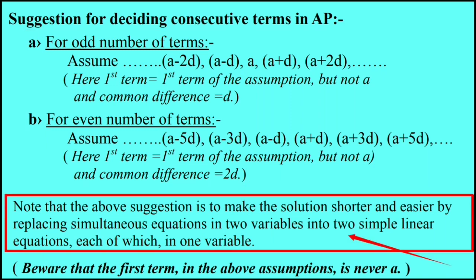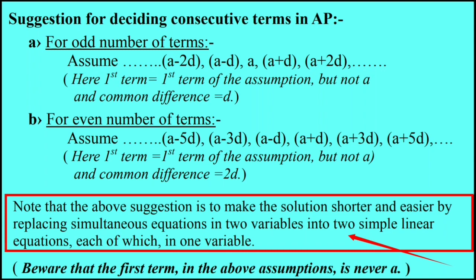Let's see what this statement says here as notes. Note that the above suggestion is to make the solution shorter and easier by replacing simultaneous equations in two variables, or even a quadratic equation in one variable, with two simple linear equations, each in one variable only.